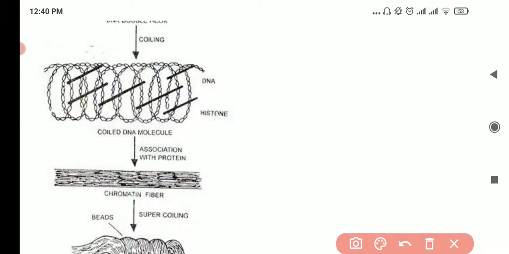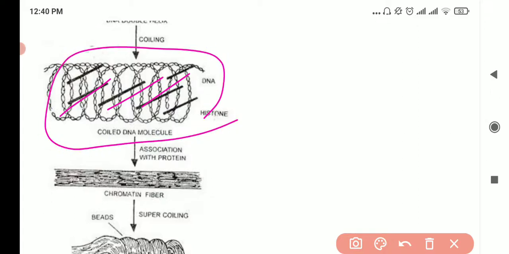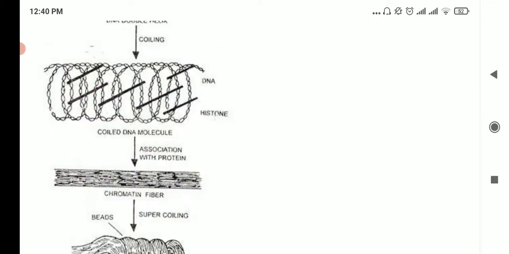Then you have a coating of a chromatin fiber. So this one is the fiber fold A. Then this coating will again coil and you will get a fiber fold B.